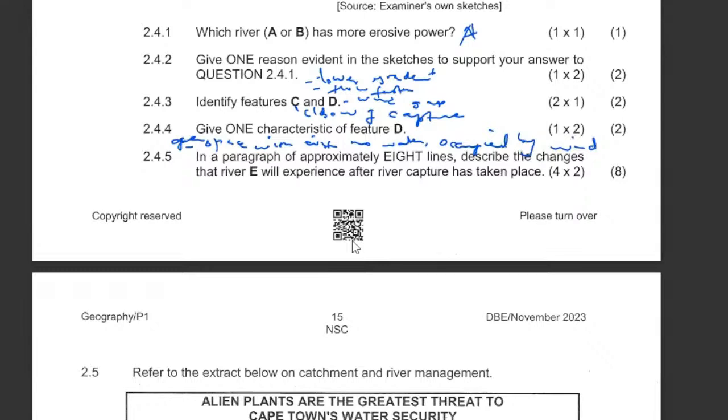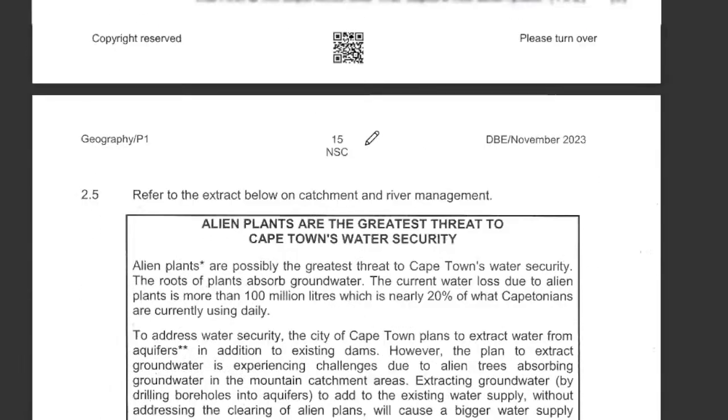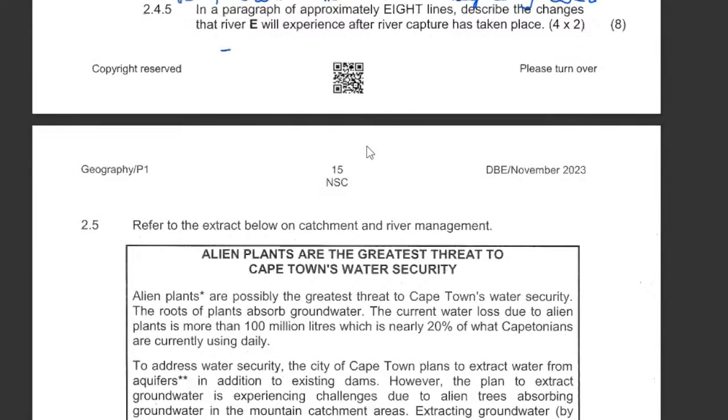In the case of the periodic changes at E, this means speed. That will be the changes. The river will be bigger than before, number one.